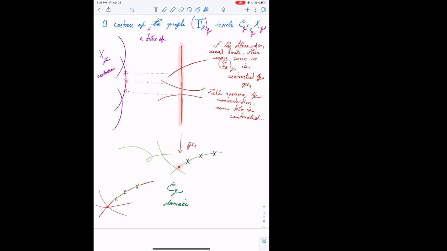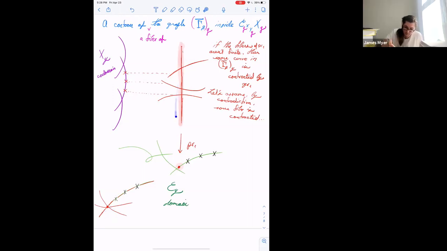It's not normal crossings. Is that the argument? Yeah. So if this is contracted outside of these markings, then the problem is that you'll have 3 intersections, which violates the stability of C.